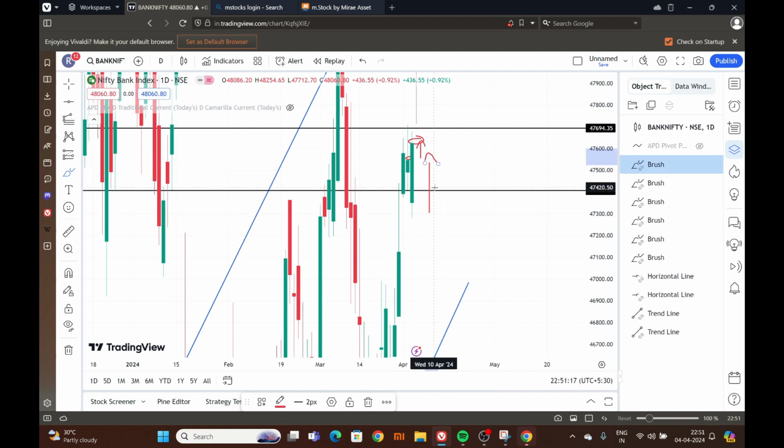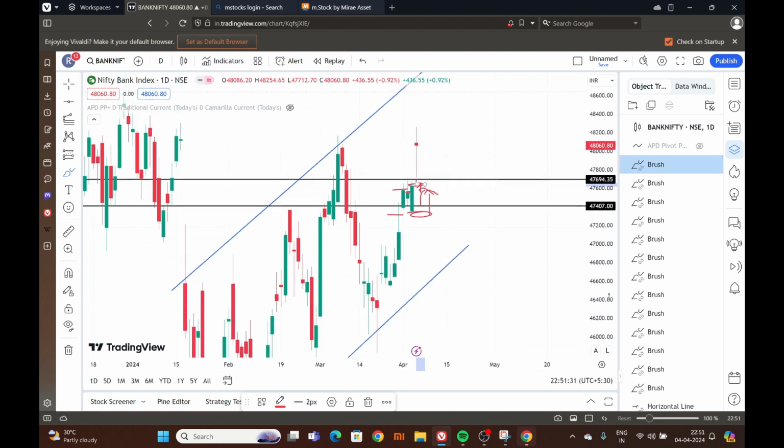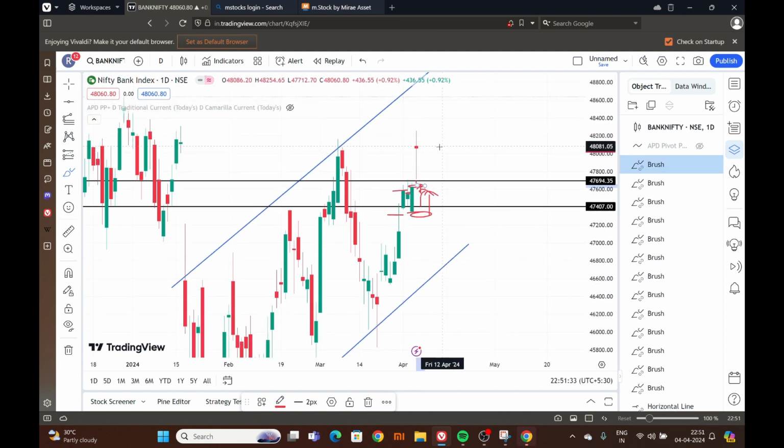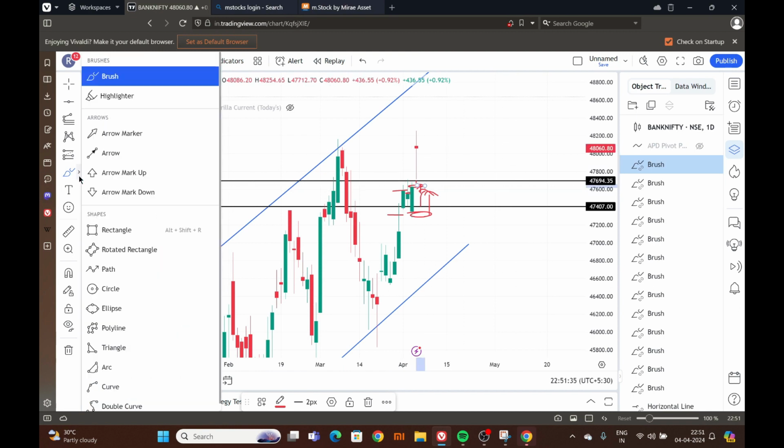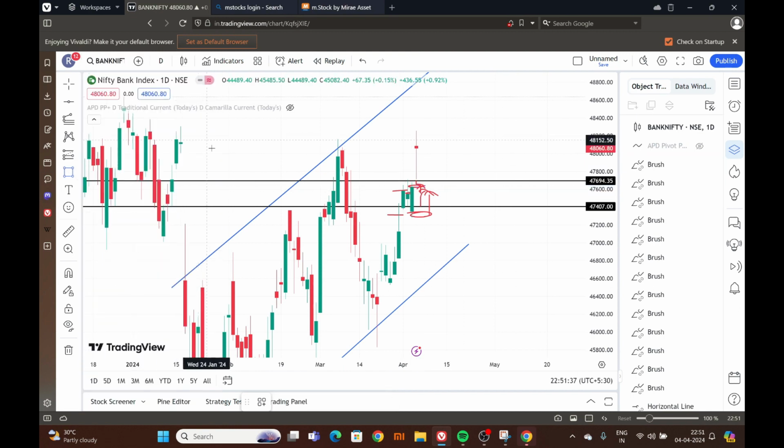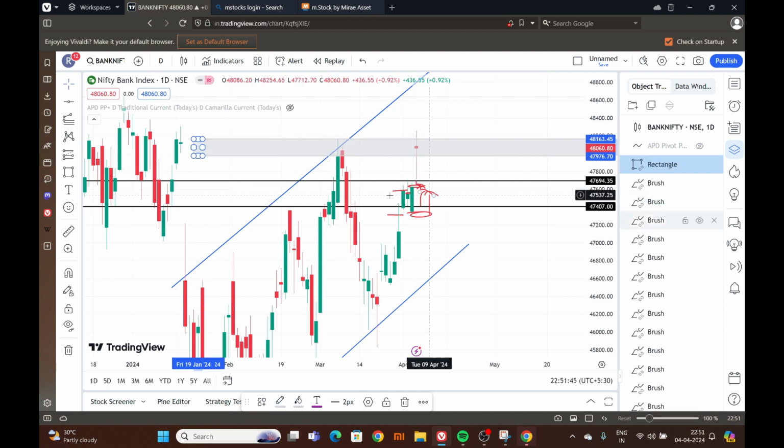Solid control here. Now we know this day, because of the inside candle, was a gap down, and the bulls took control and the top shadow is very small, so today could be a gap up, and my target would be here. Tomorrow the potential for a gap up is there.